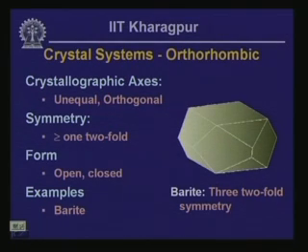One of the very common minerals that appears in this family is barite, and you have a schematic of a barite crystal on the right hand side of this slide. Barite has three two-fold symmetries, and you can see that this meets the minimum requirement for being classified as of the orthorhombic family.